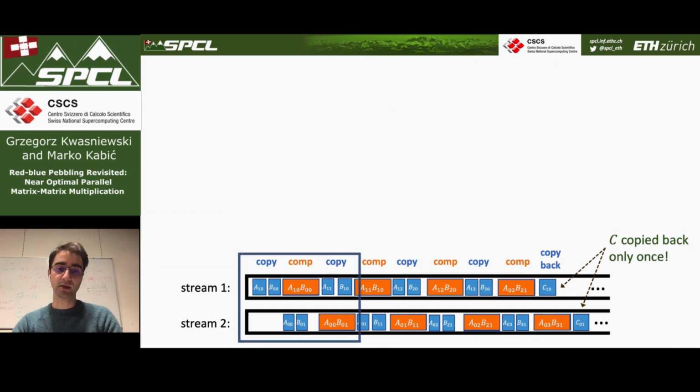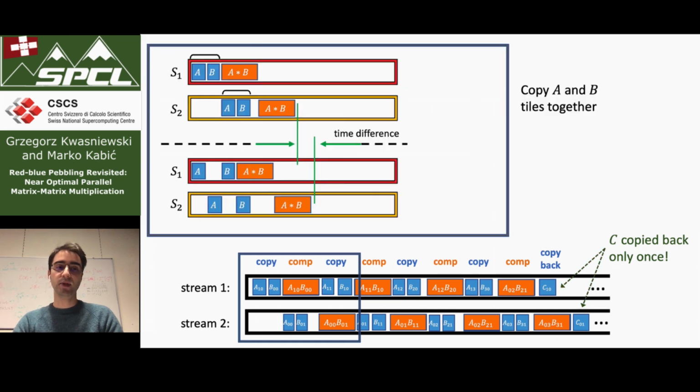The second important thing to keep in mind is that if you focus on this part and we enlarge it, we can see that it's always better to send tiles of A and B together and never to interleave them as shown below, because interleaving might introduce some delay in the kernel execution, which is definitely something we don't want.